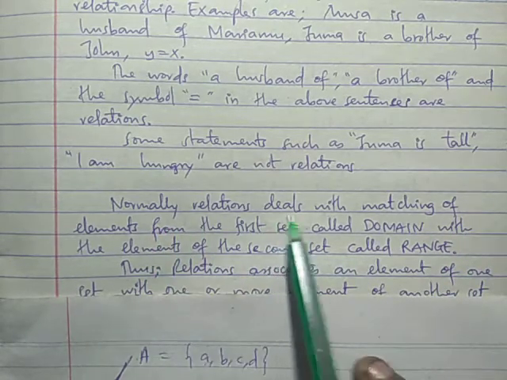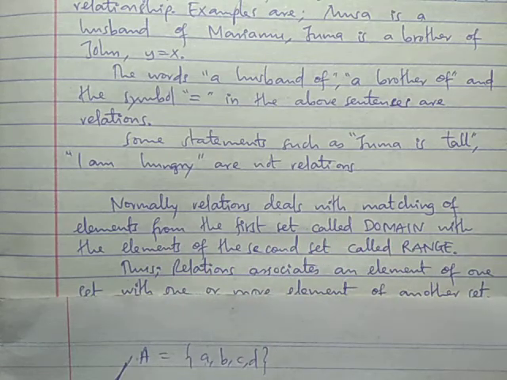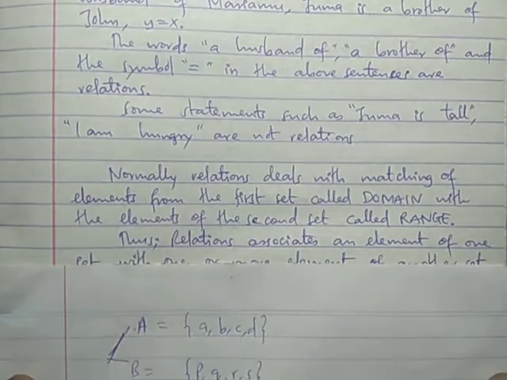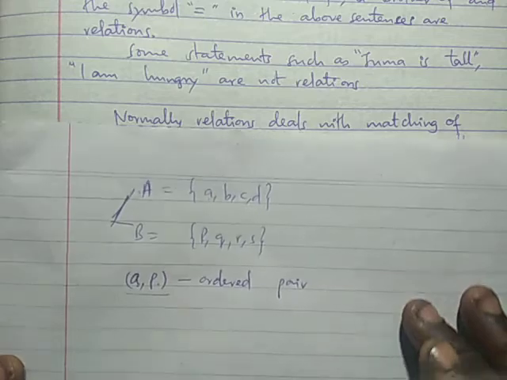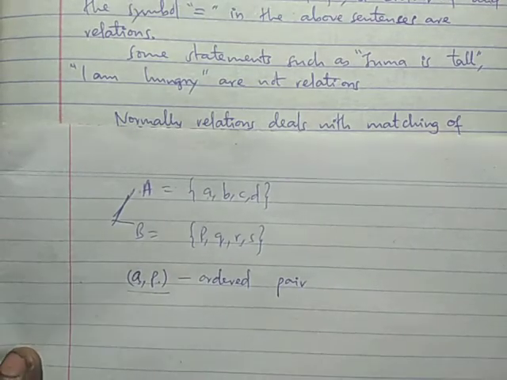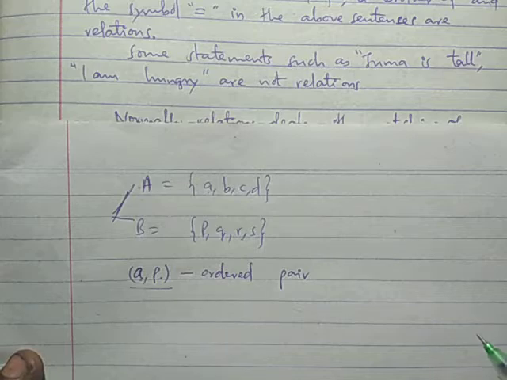So normal relation deal with matching of elements from the first set called domain with the elements of second set called range. So in relation tunavyosema domain ni sawasawa na kusema kama x value, because in relation tutaenda kudiscuss mambo mengi, baadaye tutaenda kuchora graphs.